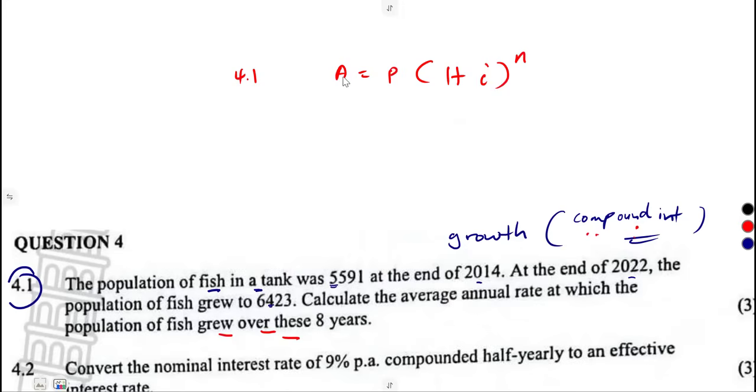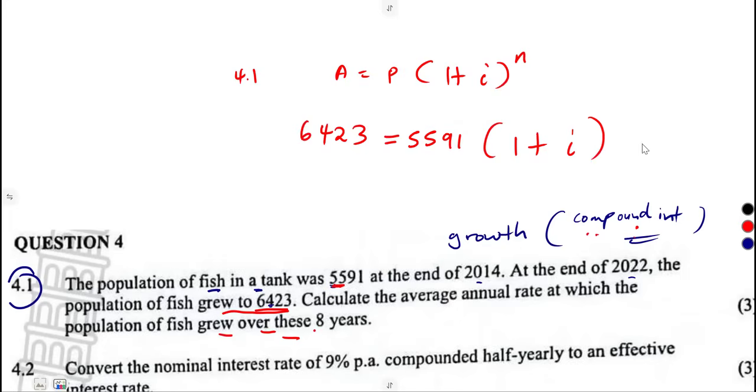A is the accumulated amount. In this case, it is the increased value of the population. Over the 8 years, the population grew to 6,423. P represents the principal amount, the original population that you started with, which was 5,591, times 1 plus the rate at which that population is increasing, which you do not know.